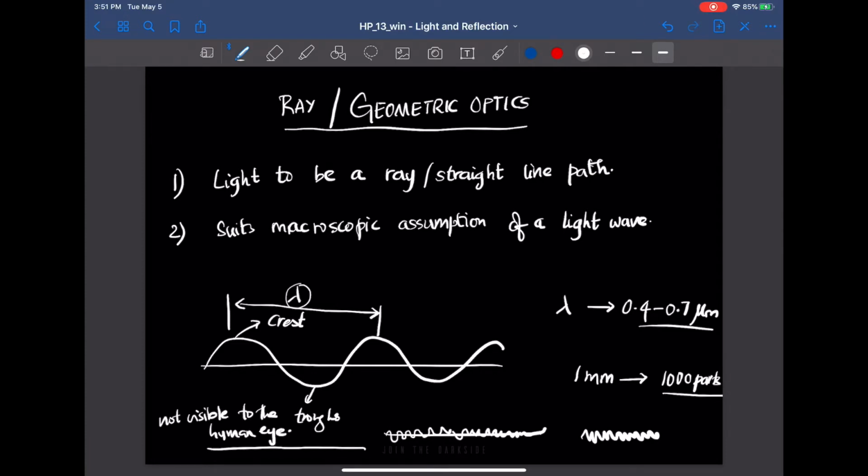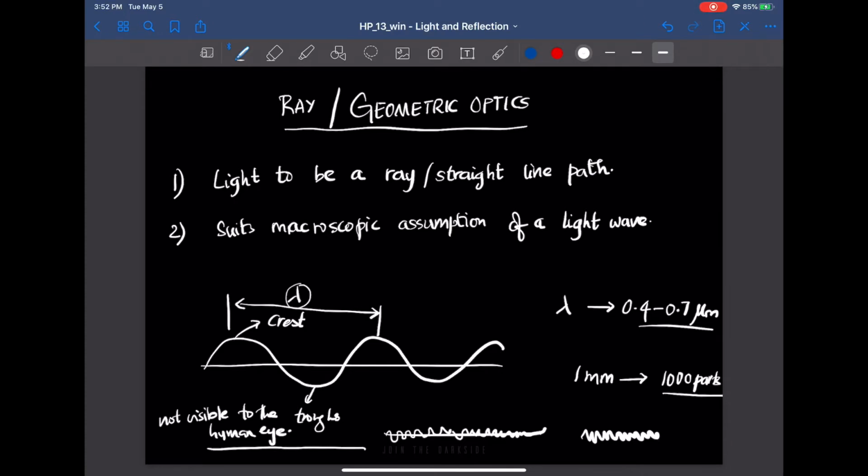But it doesn't mean that what we see is a straight line. Because it's not visible to the human eye and because the wavelength is so small, when we consider the general understanding of how light waves work, we can assume that this can be considered a general ray.